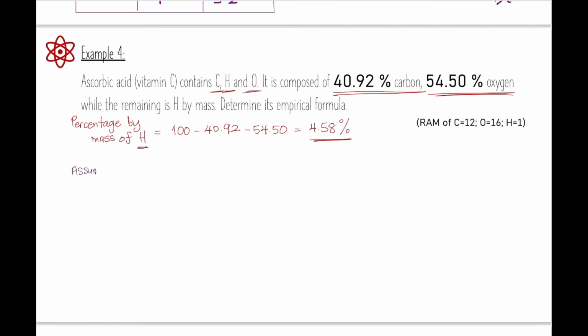As usual, since the data given in this question is percentage by mass, you need to assume that the mass of the compound is 100 gram, so that we can assume that each of the percentage of the elements is equal to its mass.